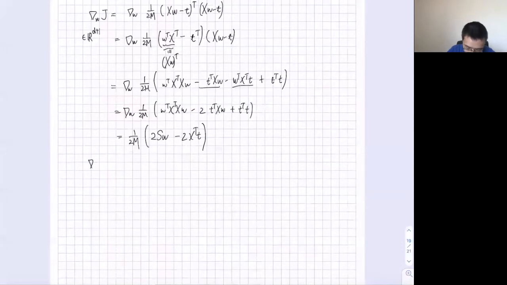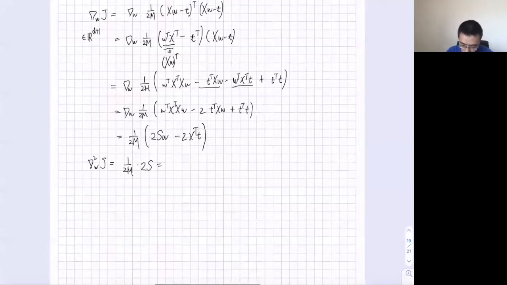And if you take the second order derivative with respect to W, then you get 1 over 2m times 2S. So this term becomes a constant in terms of W. Okay.